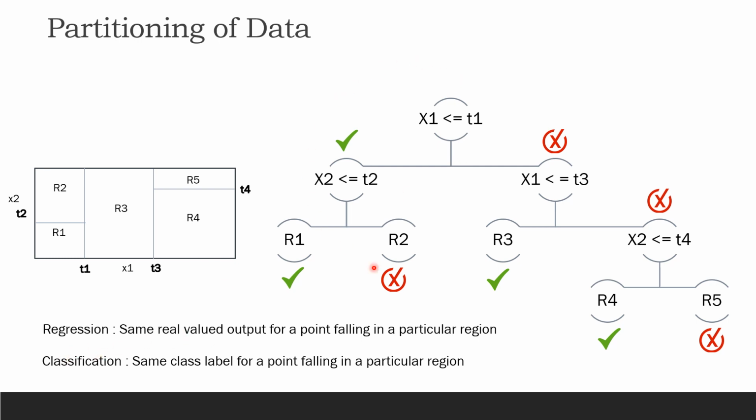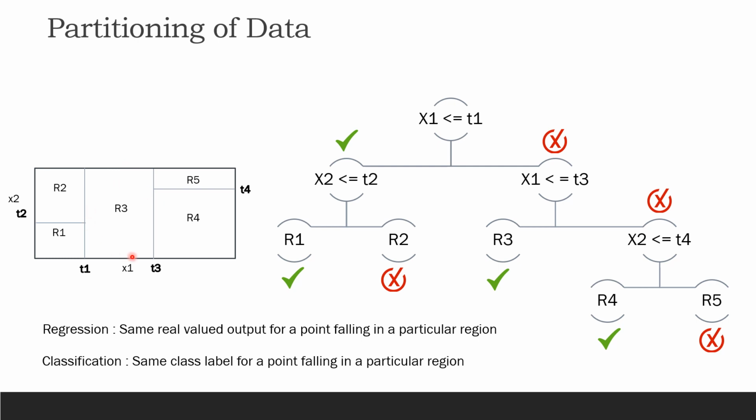Now, the decision tree is doing this exercise, asking a series of questions and allocating a region to that data point, whether it is a regression problem or a classification problem. So whether that data is numeric, like age, or categorical, like gender, male or female, in both cases we will assign it to a region.